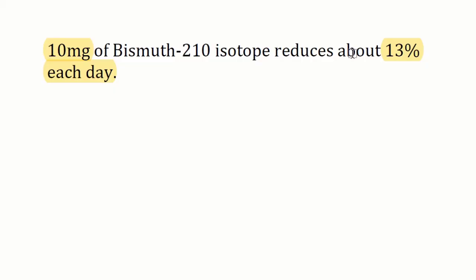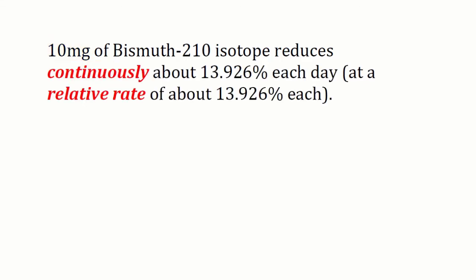But now some other times the same problem can be worded as 10 milligrams of bismuth 210 isotope reduces continuously at about 13.926% each day. In some other cases, the exact same problem can be given to you with the term continuously.